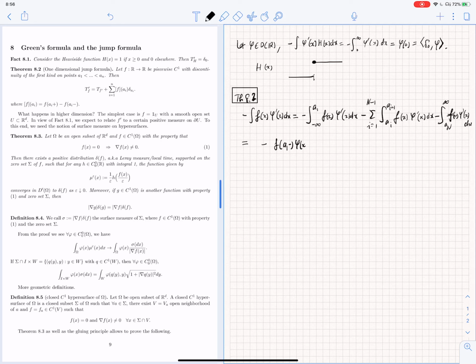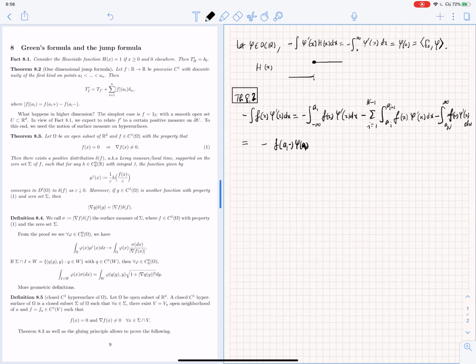This is because φ(A1-) is the same as φ(A1+), so it doesn't matter whether we take plus or minus, since φ is a continuous function. The other endpoint is just 0 because φ has compact support, and f is C1 on that interval.